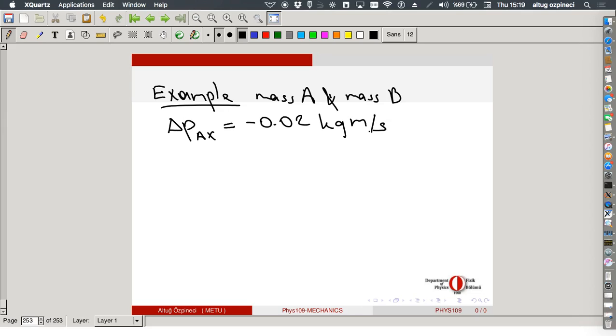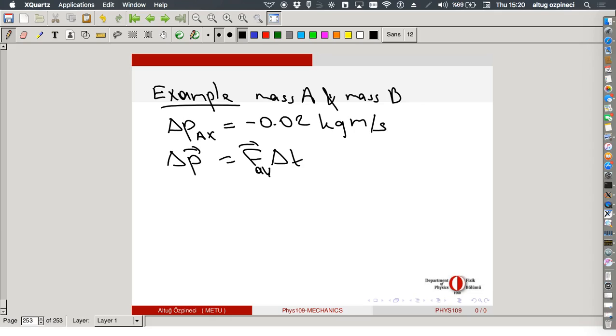But we had already seen that the change in the momentum can also be written, in vectorial form, as the force times the time it takes for that change to happen. In fact, this we will call the average force. If we take the limit as delta t goes to 0, then this will be the instantaneous force.